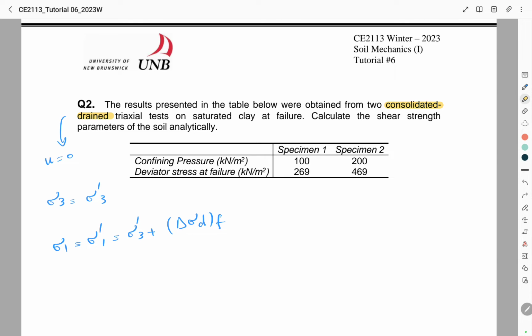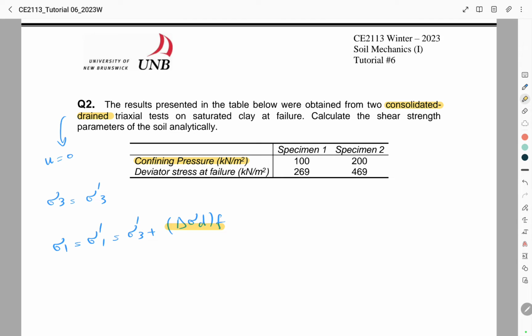So in this table, the confining pressure, or sigma 3, which is equal to our sigma prime 3, is given to you in the first row, and then the deviator stress at failure is given to you in the second row.